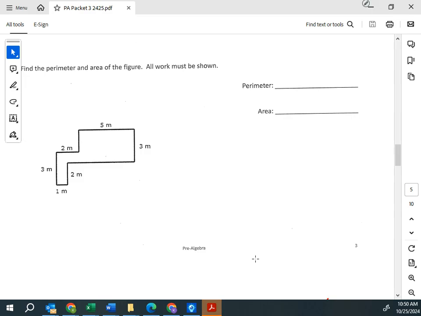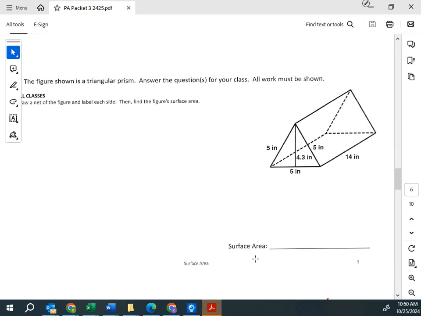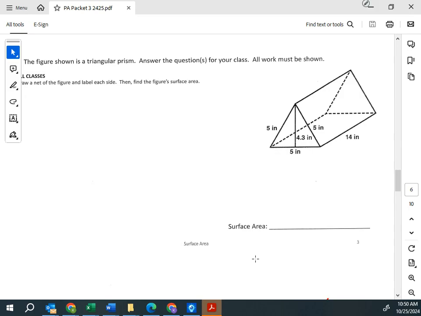Next page is our net. We have been working with rectangular prisms. This time we are working with a triangular prism. So we need to imagine what that is going to look like when we cut it down and lay it flat.